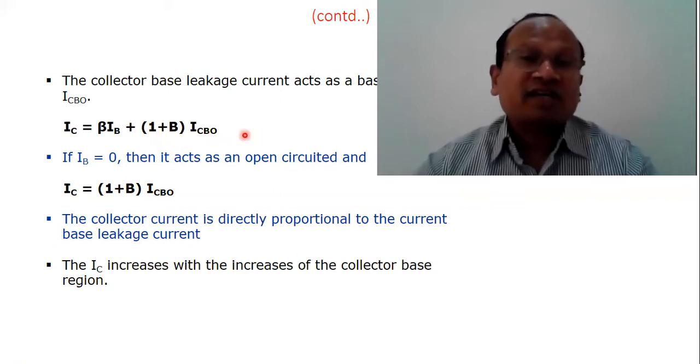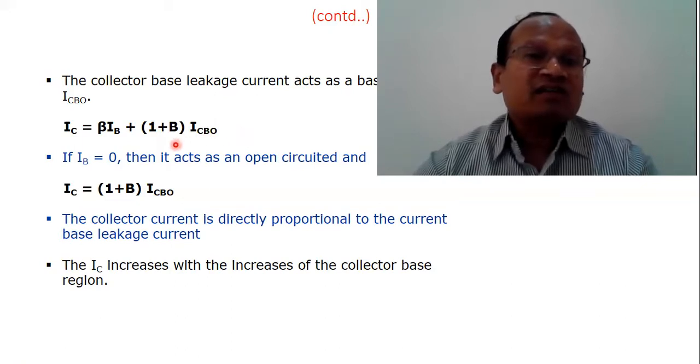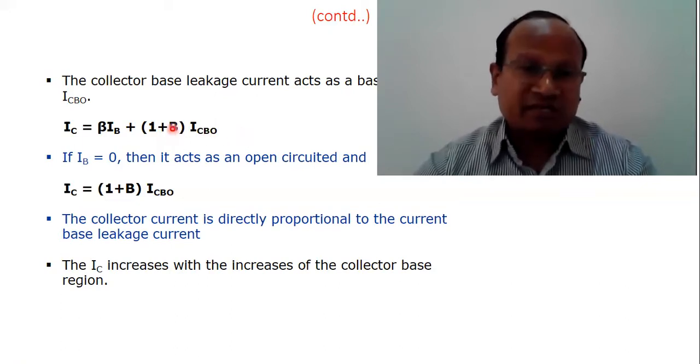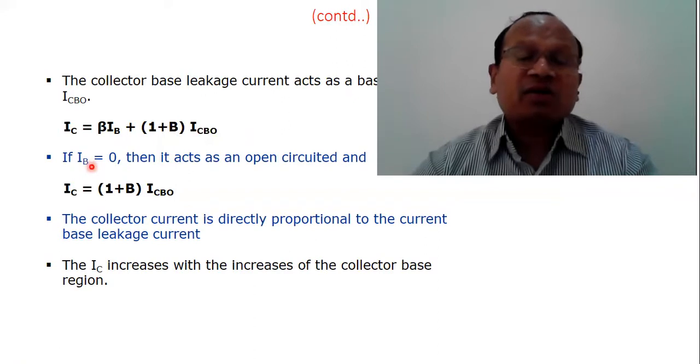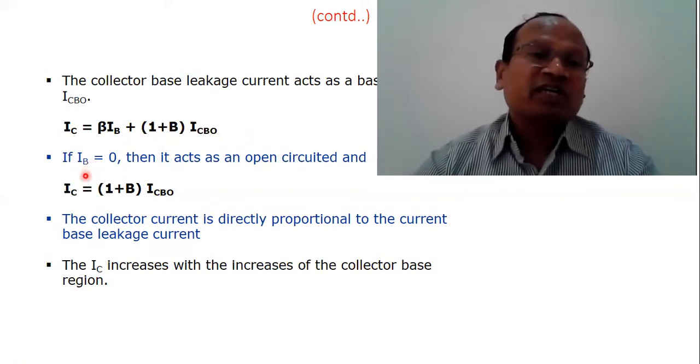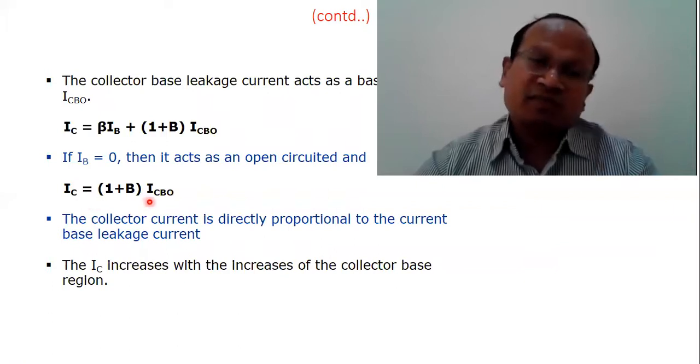And this is not 1 plus B, it is 1 plus beta. So when IB equals 0, that is, open circuit base, it becomes IC equal to 1 plus beta ICBO.